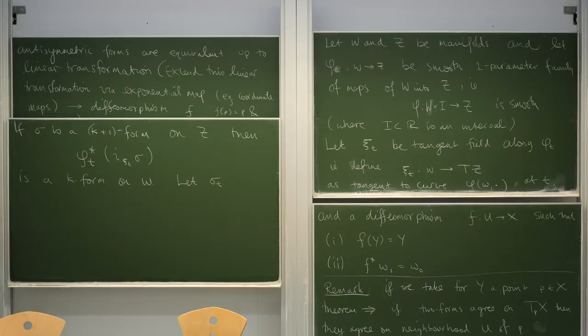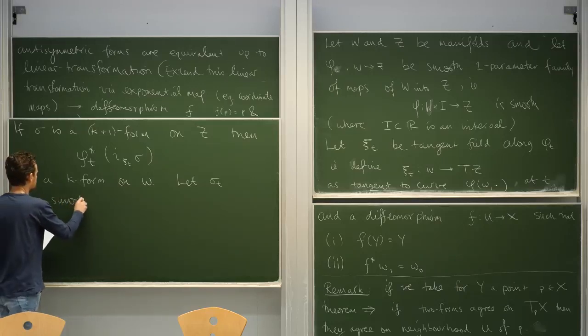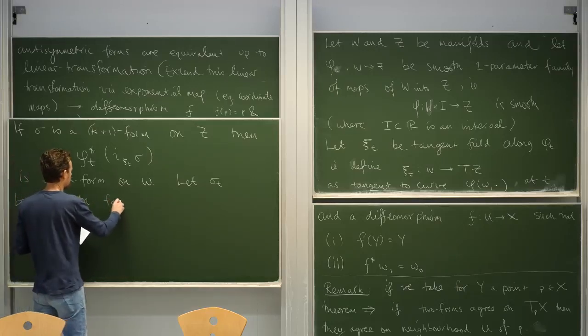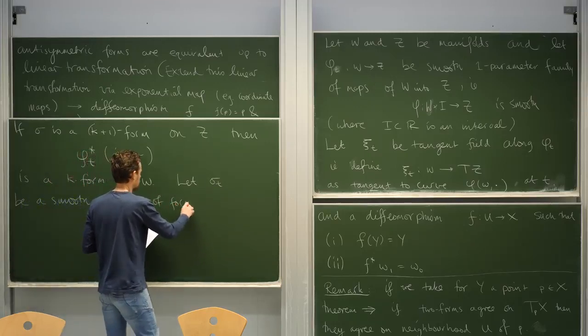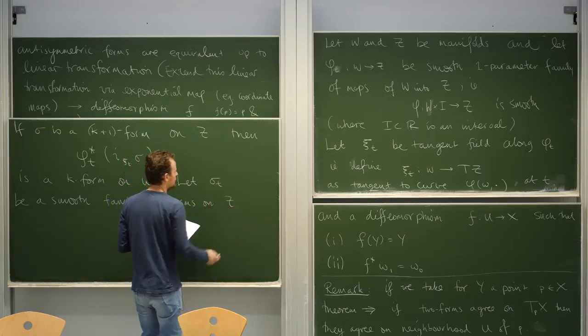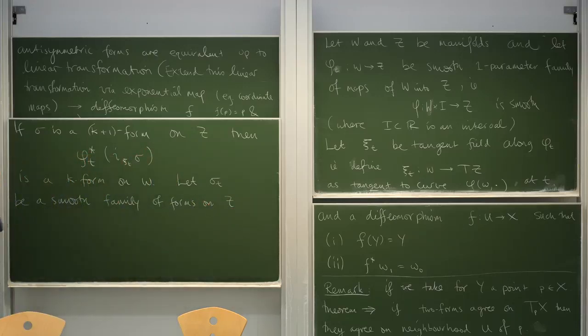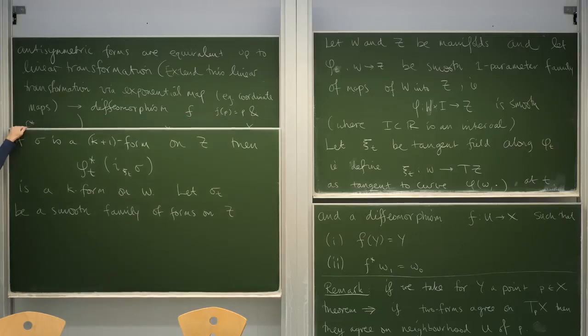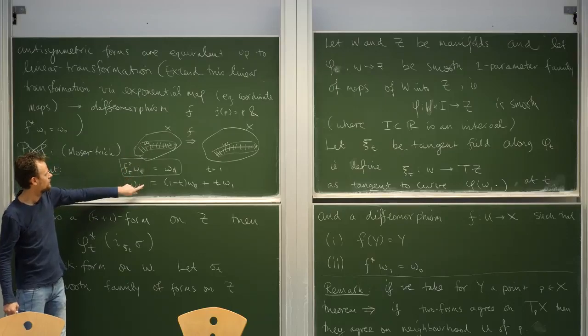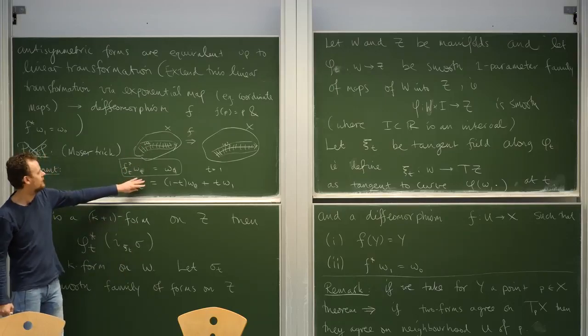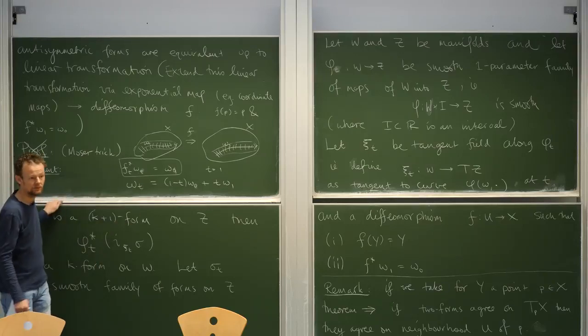And to complete that argument, we're going to build a smooth family of forms sigma t on our manifold. The purpose of these sigma t's will be to allow us to place omega t in this equation later on.